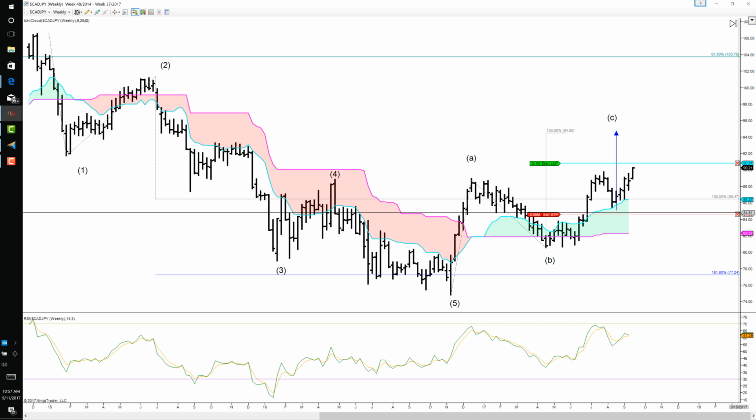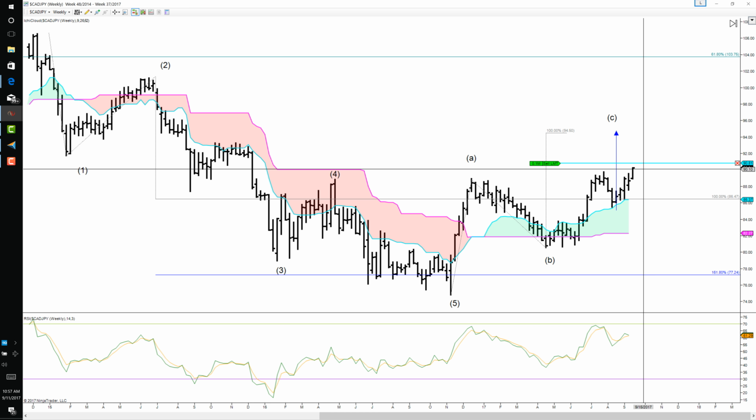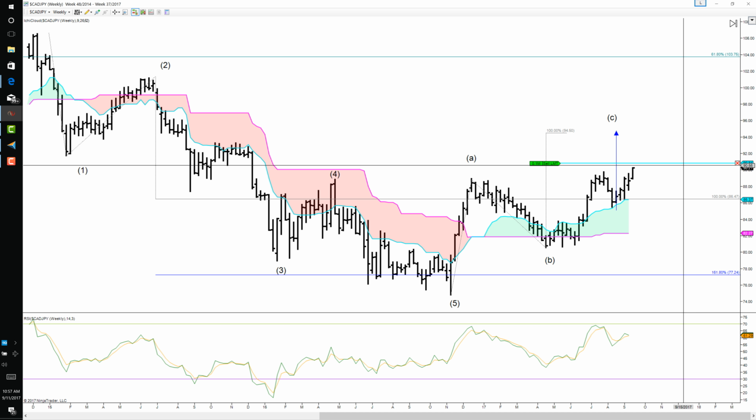Basically I have this as A, B, and then possibly 1, 2, 3, 4, and then 5 of C, which I'm expecting to find some resistance within the area it's already in. But I've placed my sell just a tad bit shorter because the price could also go to 94.